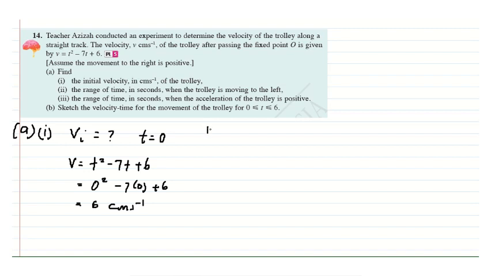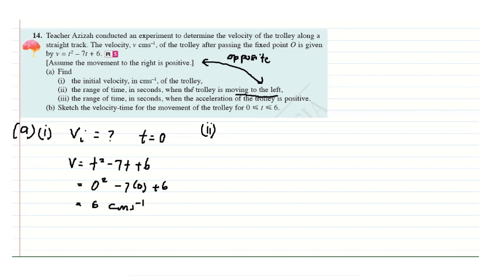Question number 2. Range of time in seconds when the trolley is moving to left. What is meant by moving to left? Moving to left means in the opposite direction of the right.